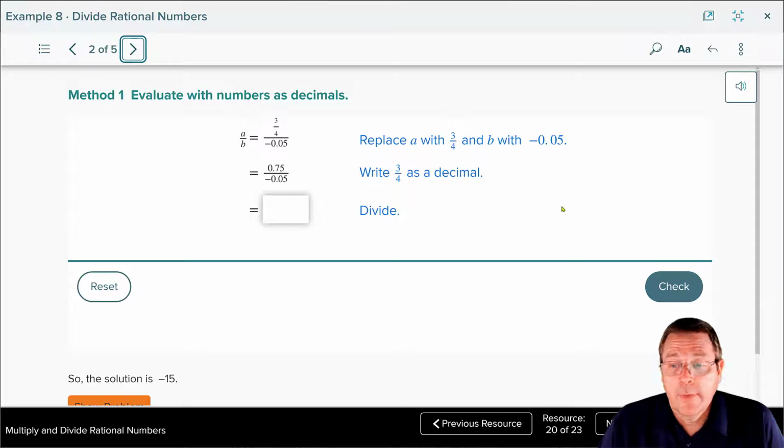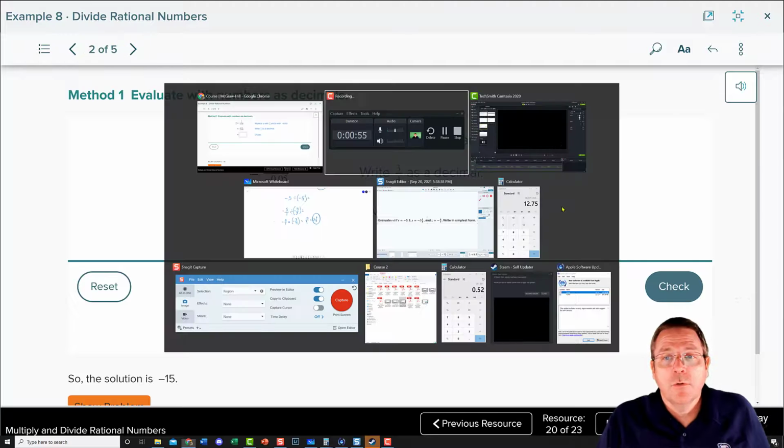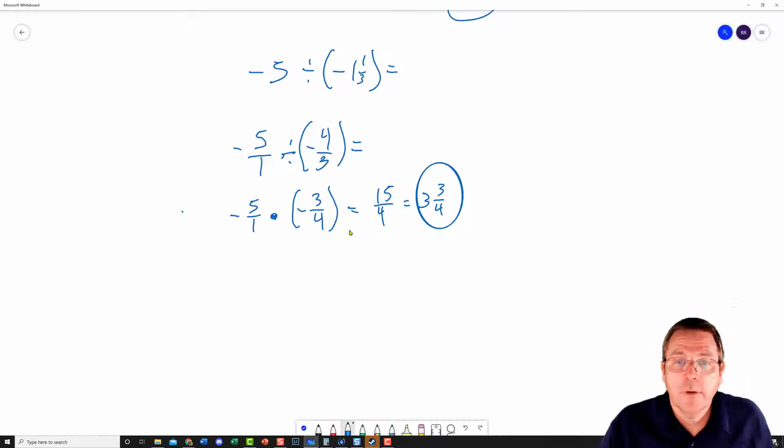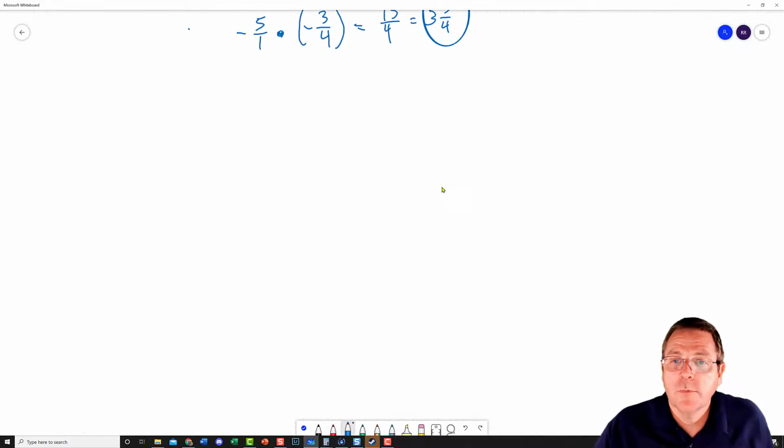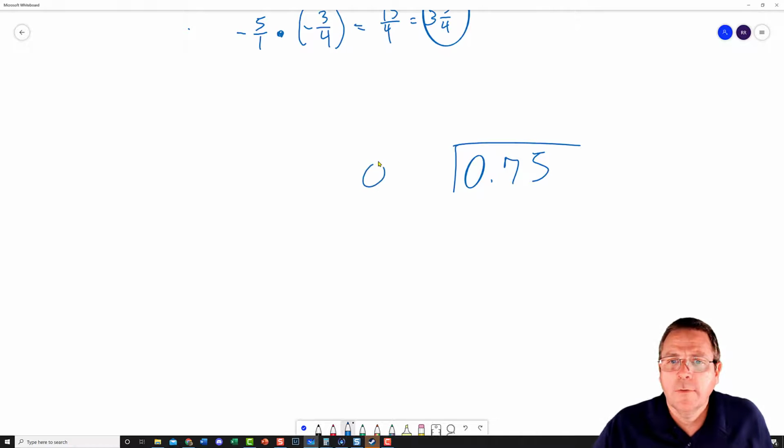And when they divide that out, well, let's take a minute and do a little scratch work on that, because I know long division is an issue for some of y'all. So I have 0.75 divided by 0.05. 5 goes into 7 1 time. 1 times 5 is 5 with 2 left over.